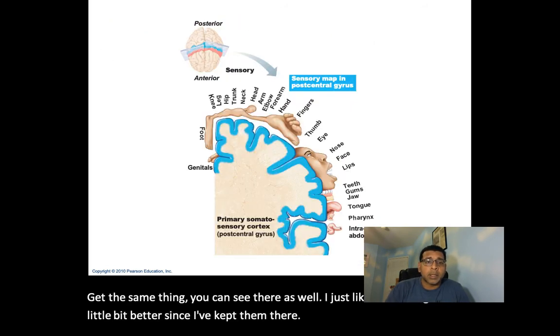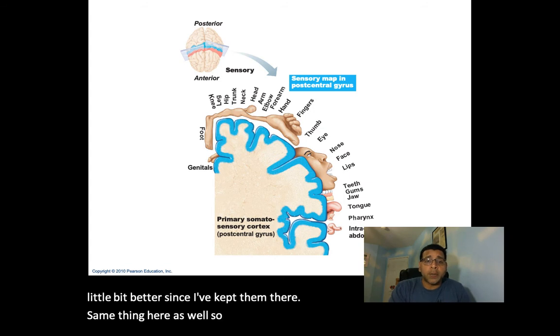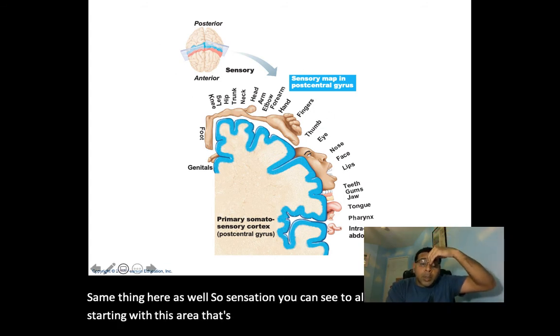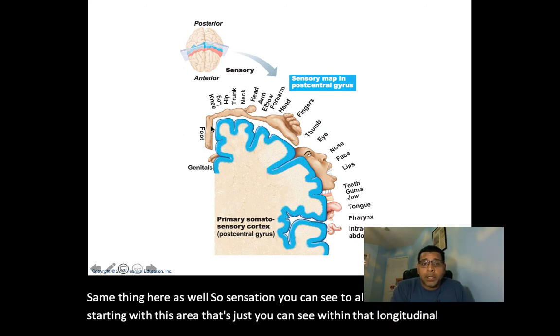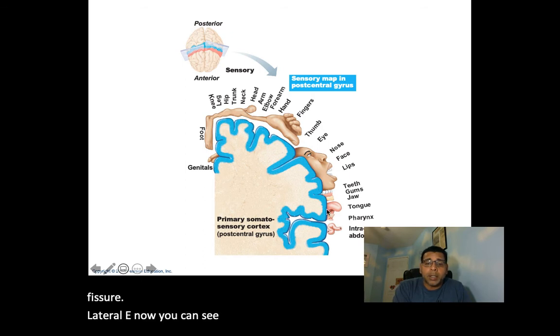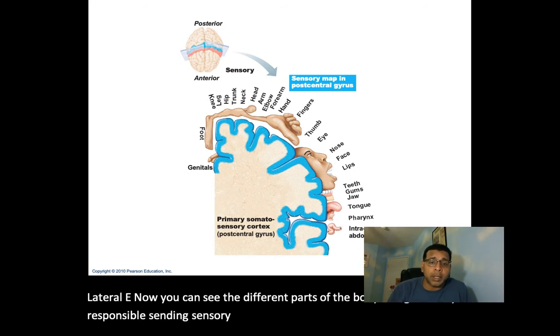Sensation goes to all the different areas, starting within that longitudinal fissure, where you've got the genitals, all the way to the feet, then coming around the ankles and making your way around laterally. The different parts of the body are responsible for sending sensory information to that part of the brain.